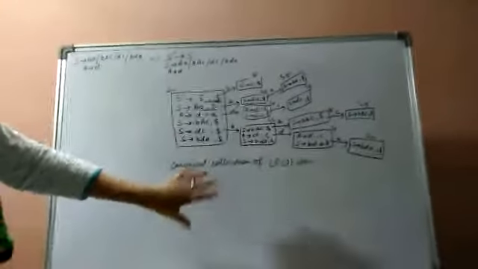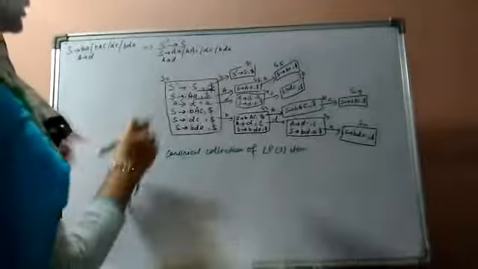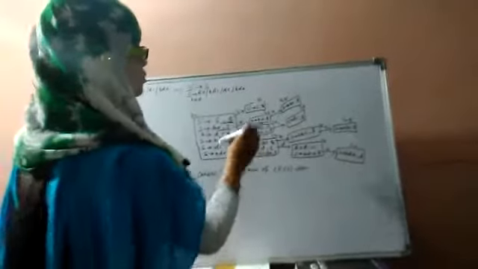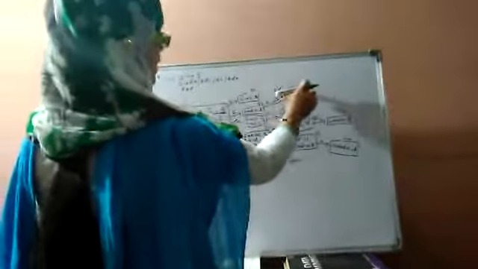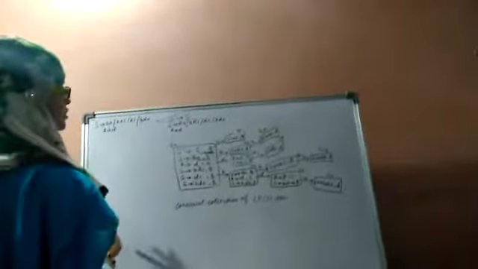Now from this collection we will find the parsing table, and the reduce action will only go to the look ahead. So just construct the parsing table.